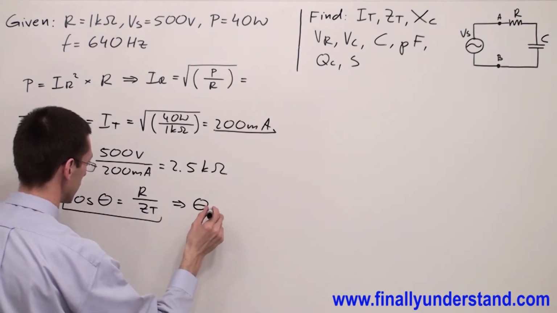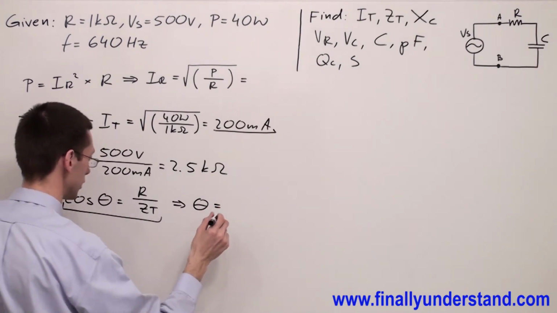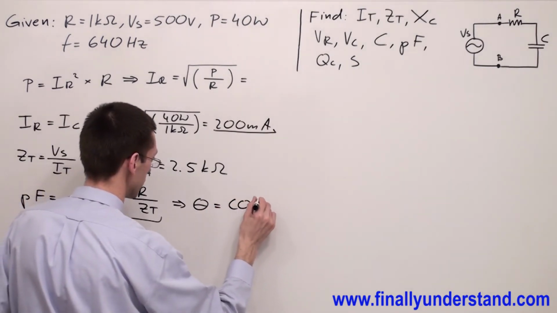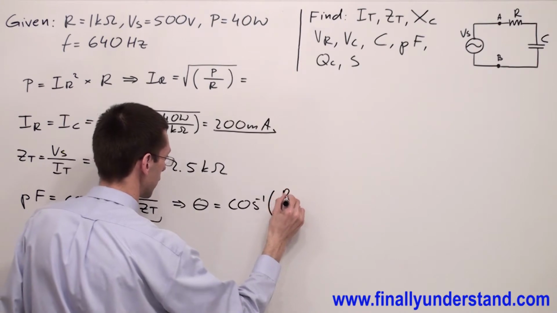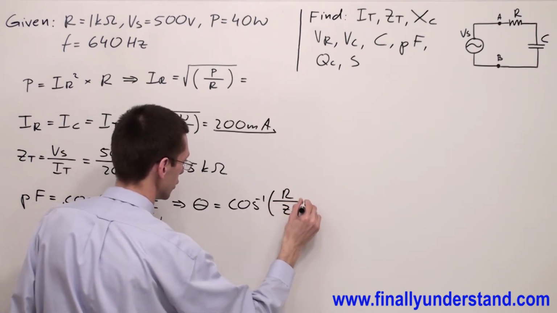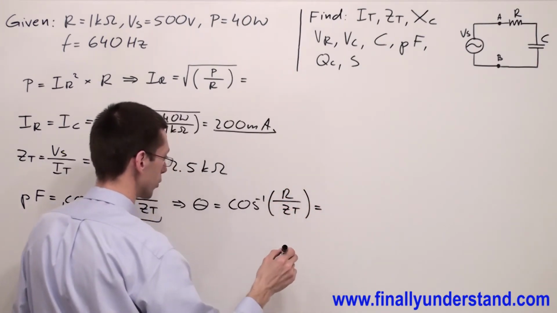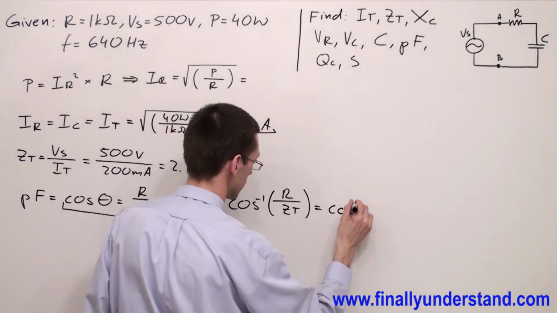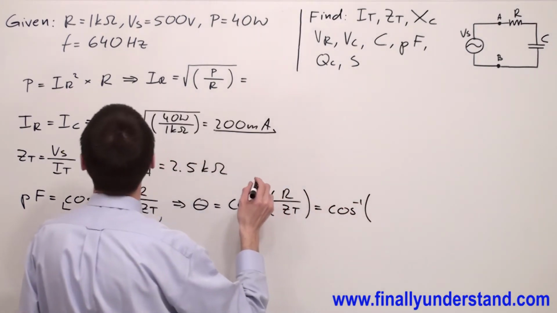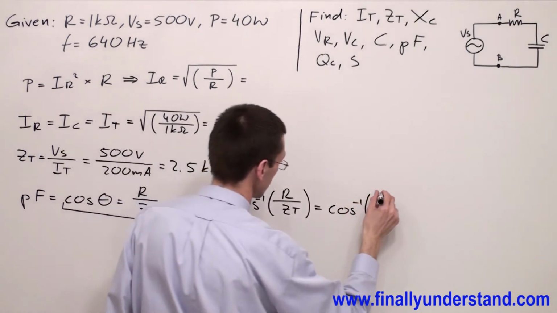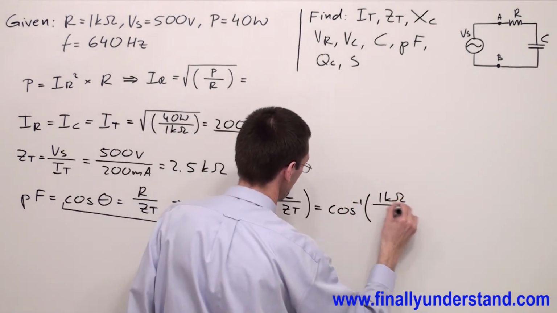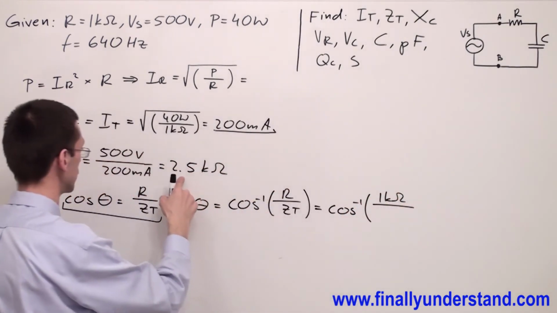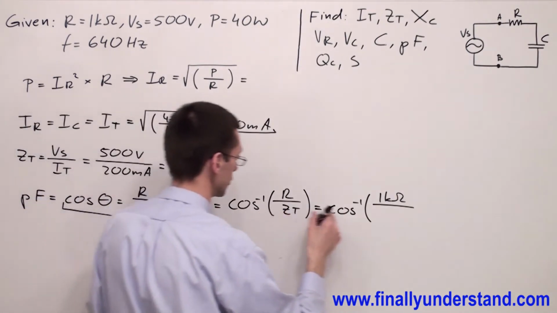Theta is equal to inverse cosine of R over Z total. And this is equal to inverse cosine of R, which is given 1 kilo, over Z total, which we found is 2.5 kilohms.